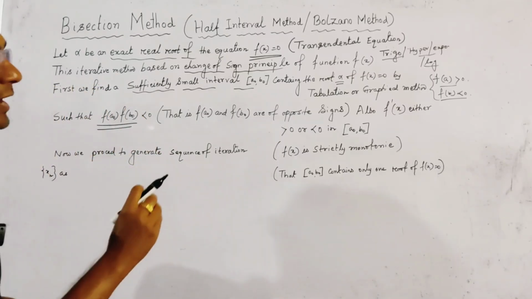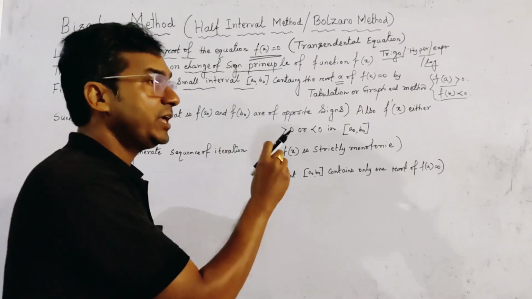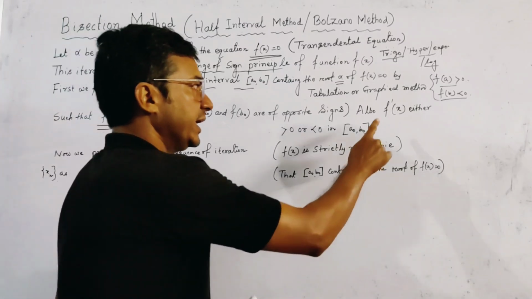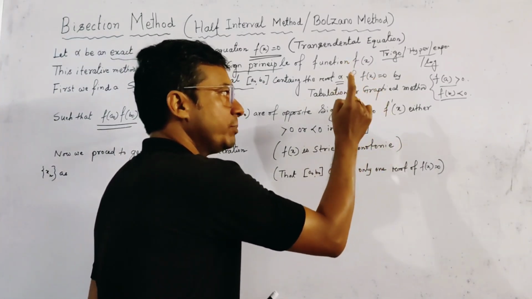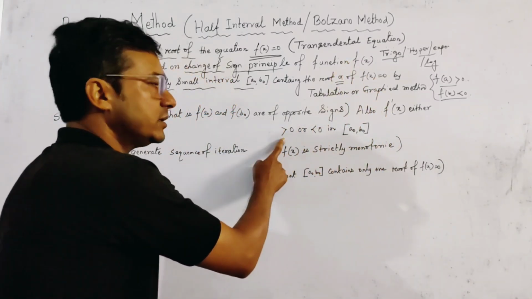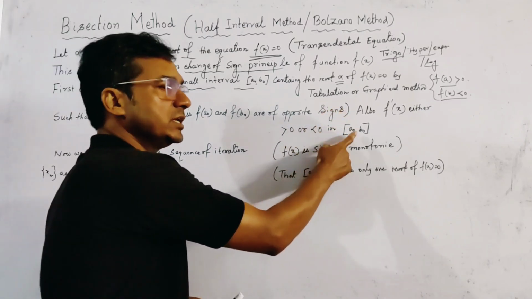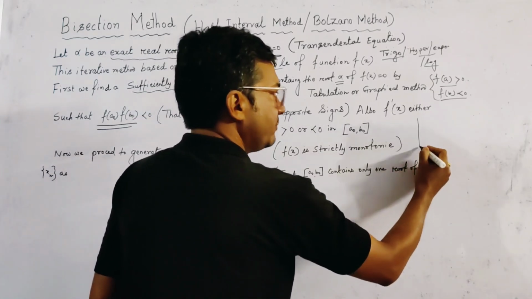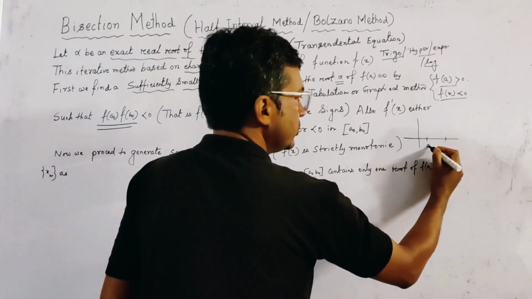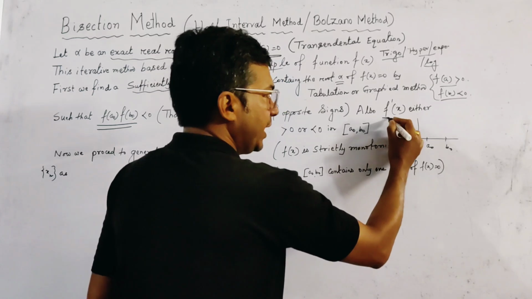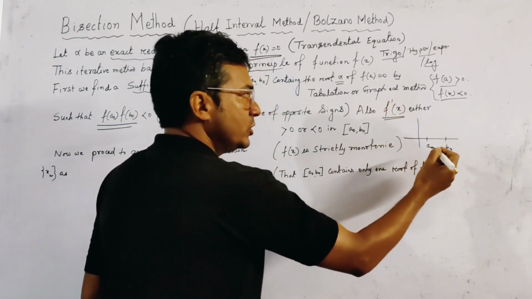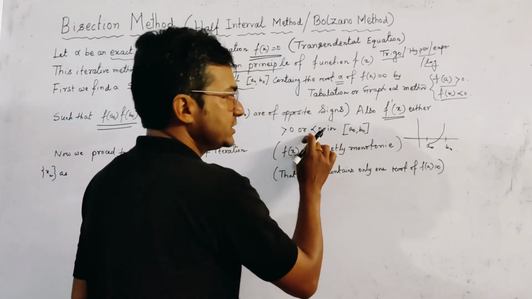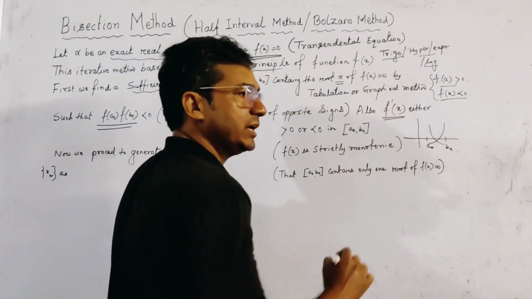Another point is very important for this method. We must confirm that f'(x), the derivative, is either greater than 0 or less than 0 in this interval. Why is this required? If f'(x) is greater than 0, then the function f(x) is increasing, and if it is less than 0, the function is decreasing.